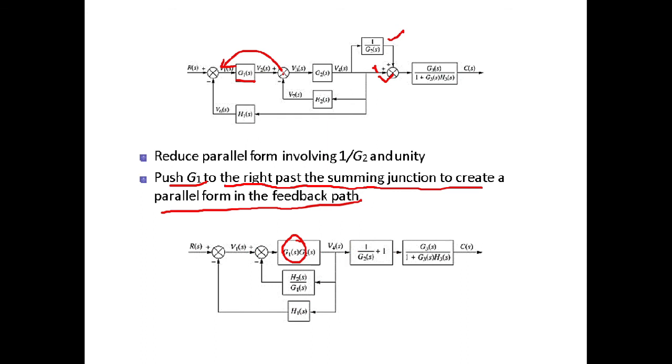First you have to remember, whenever you are shifting your summing point before a gain block, you have to add the reciprocal of whatever gain block is there. So H2 of S is already there, but we have to add 1 divided by G1, that is H2 of S divided by G1 of S, you can see right here. We have shifted this gain block right here, and G1 and G2 are in series, that is why G1 into G2.